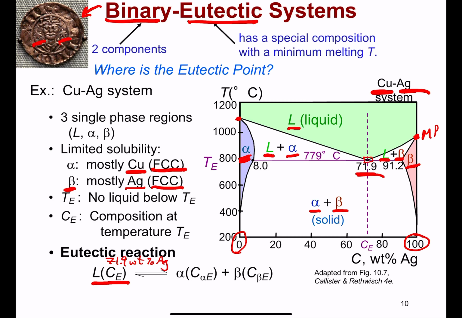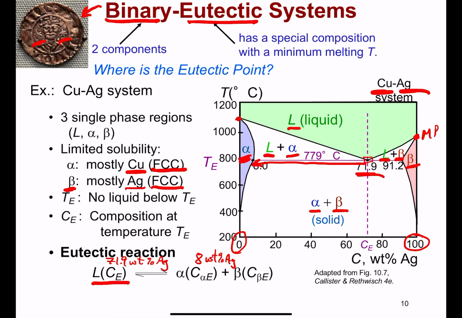So for the concentration of the alpha that forms, we'll use a tie line that's just below that point to help us there. And so if we're interested in the alpha phase, we'll simply go all the way to our intersection point, and it meets the alpha at about 8%. So we're expecting the alpha phase to have 8% silver.